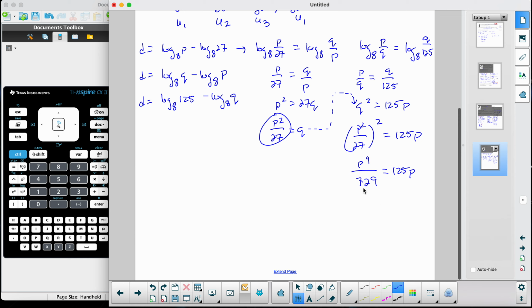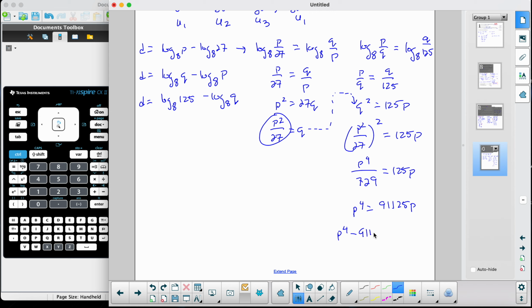So we're going to multiply both sides by 729. So 125 times 729 is 91125. So P to the 4th equals 91125P. Since they both involve P, we're going to bring it over.